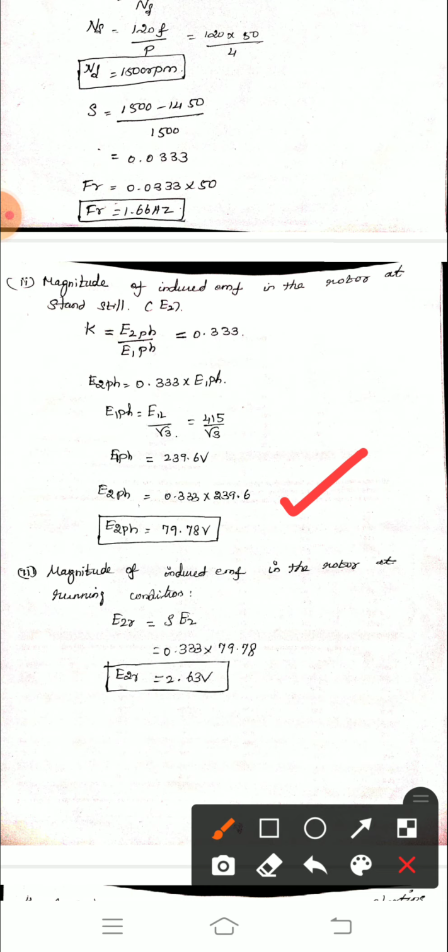So already we know K is equal to 0.33. E2 phase is equal to 0.33 into E1 phase. We don't know the E1 phase, we know only the line voltage. So substitute the value, we get 239.6 volt. So E2 phase is equal to 0.33 into 239.6.